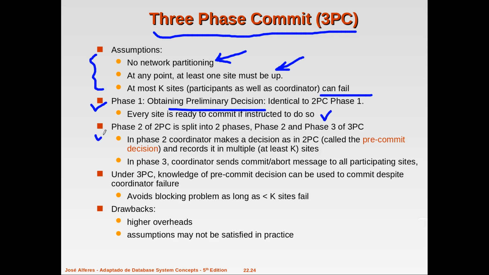Now phase 2 is split into two more phases. So phase 2 of the two-phase commit protocol is divided into two portions in the three-phase commit protocol, which are called phase 2 and phase 3. Now in phase 2, the coordinator makes a decision as in 2PC, called the pre-commit decision, and records it in multiple sites.